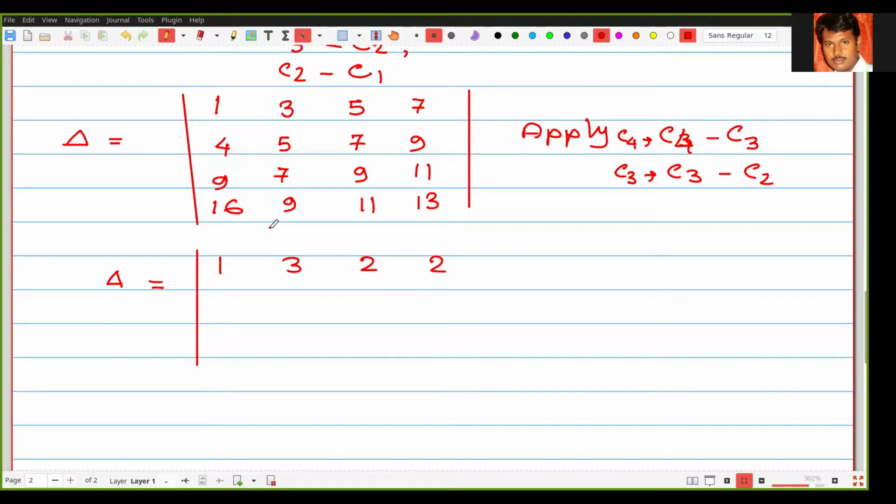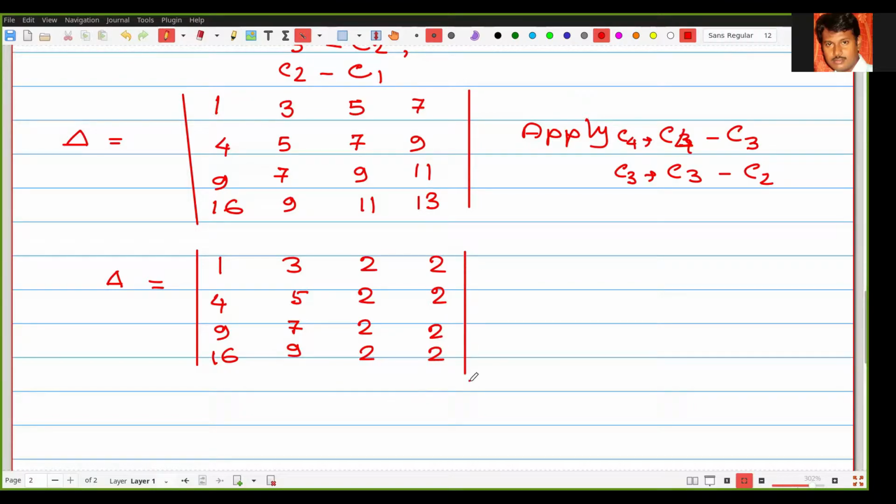So column 1 and column 2 remain the same. So let's write here 5, 7, 9. Then column 3: 5 minus 3, 2; 7 minus 5, 2; 9 minus 7, 2; 11 minus 9, 2. Same for column 4, that is column 4 minus column 3: 7 minus 5, 2; 9 minus 7, 2; 11 minus 9, 2; and 13 minus 11, that is 2.